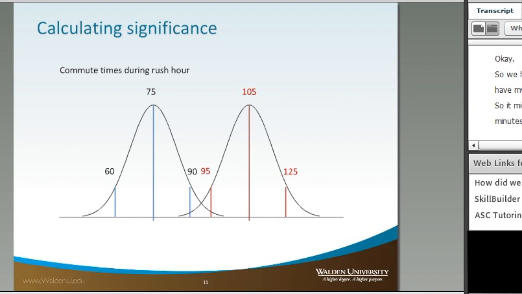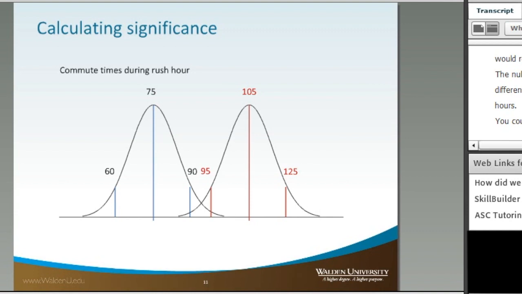And if you look at the confidence intervals, the 90 and the 95, kind of right in the middle there, you notice that basically the confidence intervals do not overlap, okay? And so that would be an example of a t-test where you would reject the null hypothesis. The null hypothesis in this case would be that there's no difference in commute times from normal hours to rush hours.